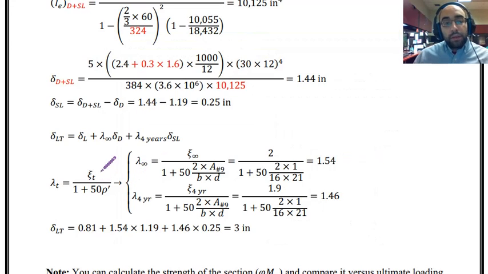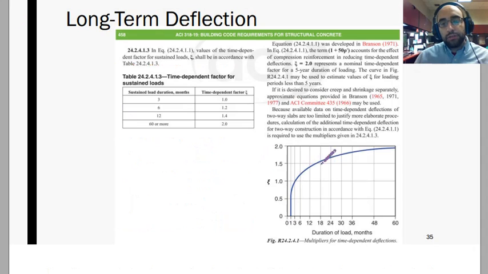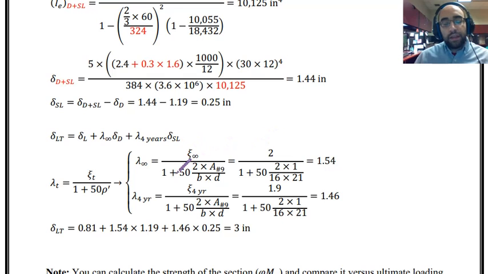So at first, I'm going to calculate lambda infinity. That is psi infinity, or the maximum value for psi. As you can see, this is 2, or if you see this graph, it is converging to 2 when we go to infinity. So psi infinity is equal to 2, and then 1 plus 50 rho prime.